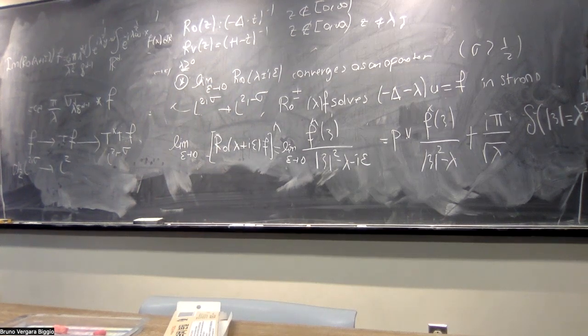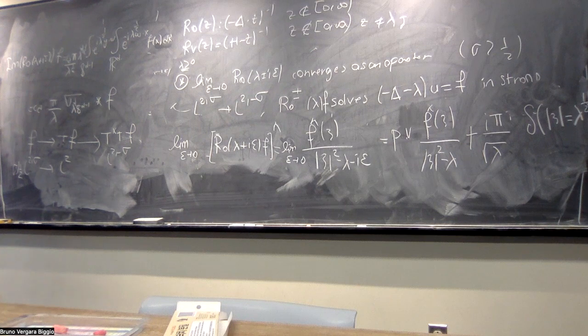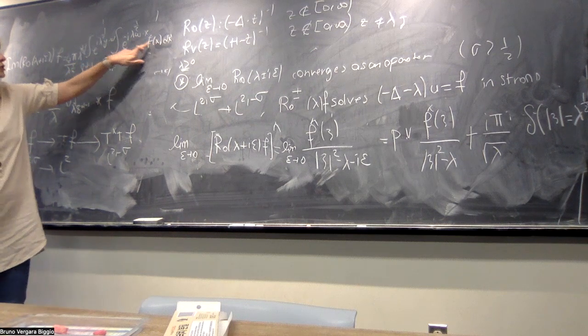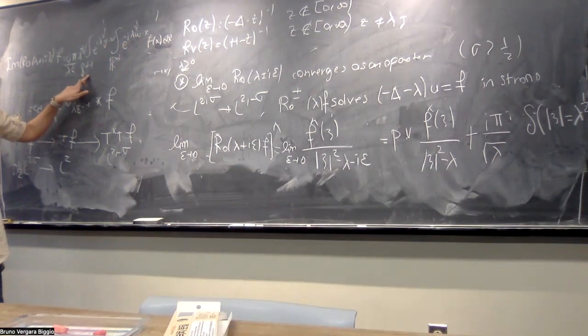Sorry, what is T? T, I just said it, T is the restriction of the Fourier transform on the sphere with radius lambda. So you take the Fourier transform and then you restrict? Yes, so basically you just take the Fourier transform at lambda omega, where omega is in S^(d-1).